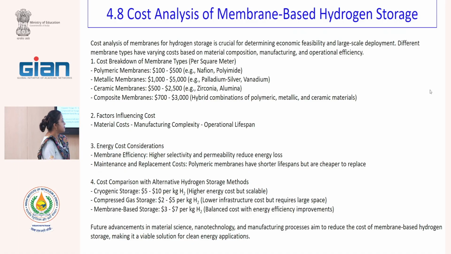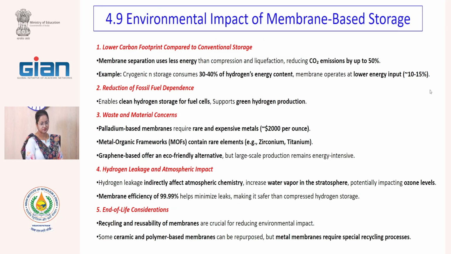So, that is lower than the cryogenic. Compressed gas storage, although it gives you lower cost, requires a compressed hydrogen cylinder, requires high storage space, and requires many safety regulations, etc.